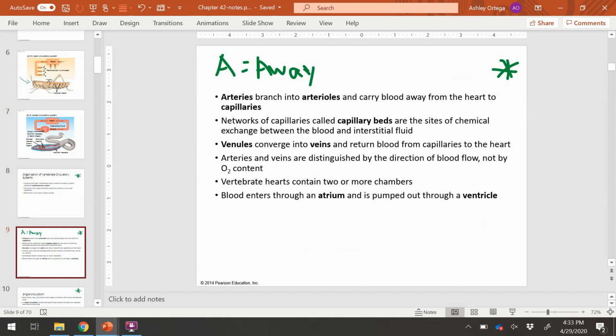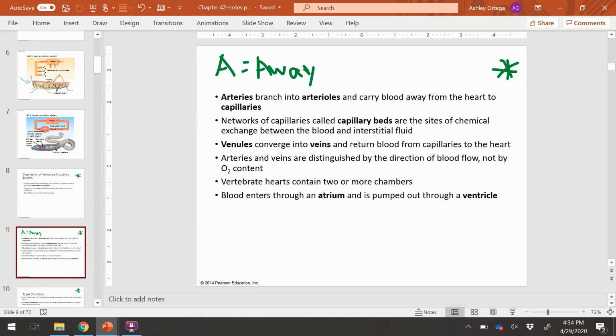And so taking a look here in a little bit more detail, the arteries are going to be the largest blood vessels that carry blood away from the heart. These will branch into smaller vessels called arterioles. And then eventually these will branch into capillaries.